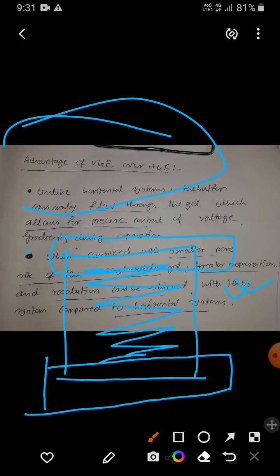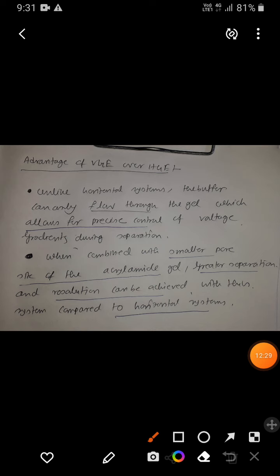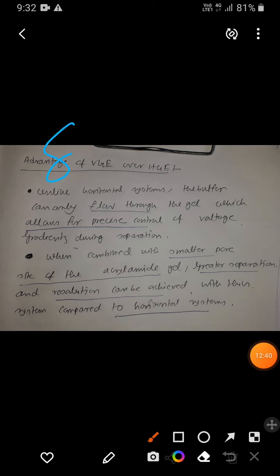So it allows precise control of voltage gradient during separation. Because the buffer has only the opportunity to flow through the gel, we can control the voltage gradient during separation. And when it is combined with small pore size of acrylamide, greater separation and resolution can be achieved as compared to the horizontal system. So that is the advantage of VGE.